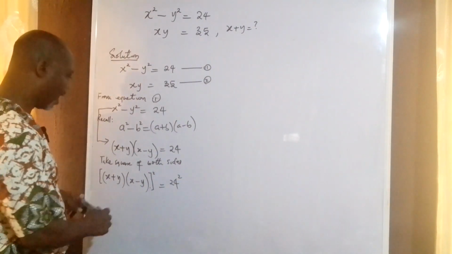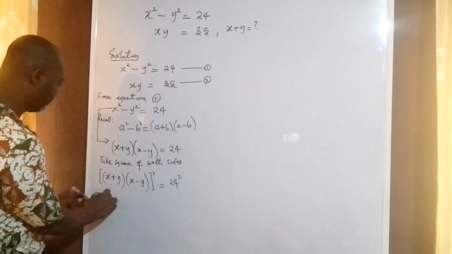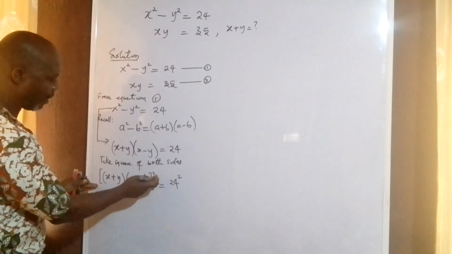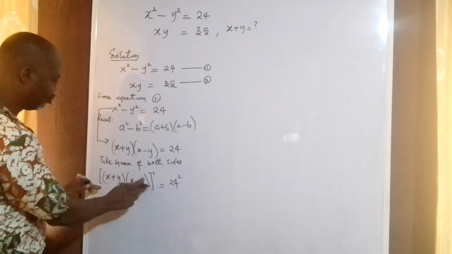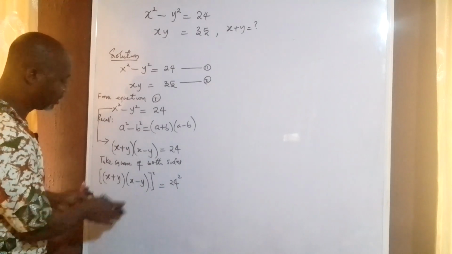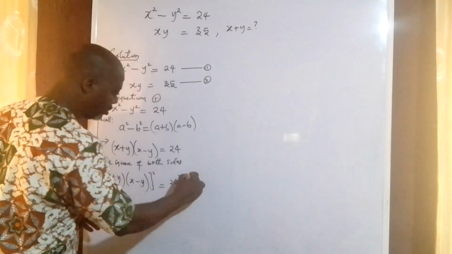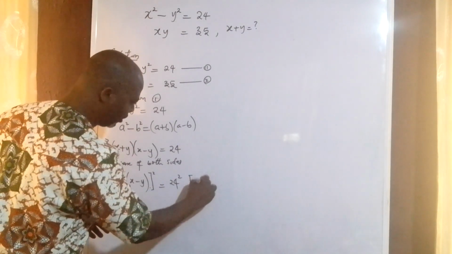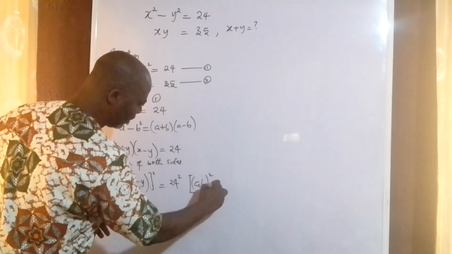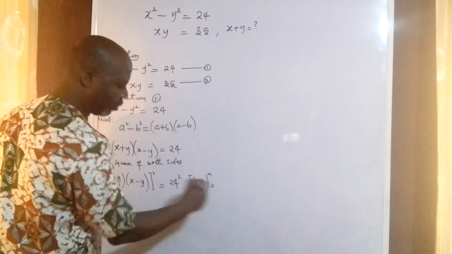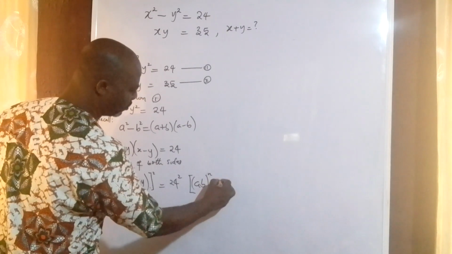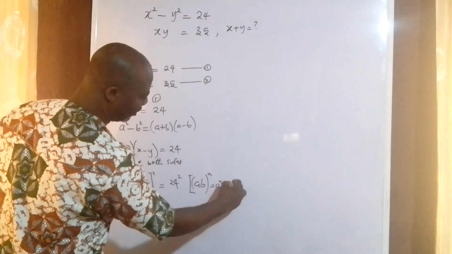Okay? Then I go further. Once I apply this power law into the bracket, you know there is this rule that says ab all raised to the power n gives us a to the n times b to the n.